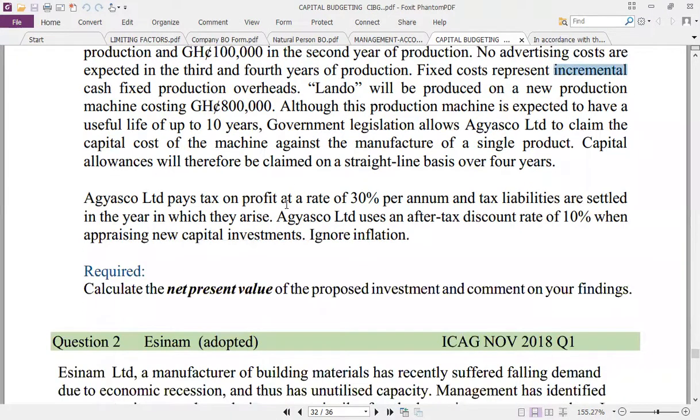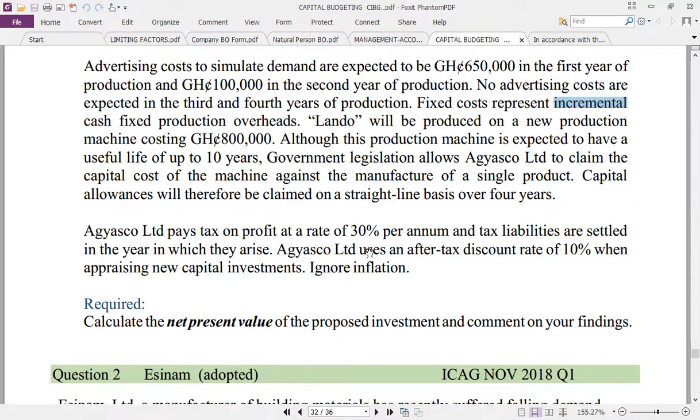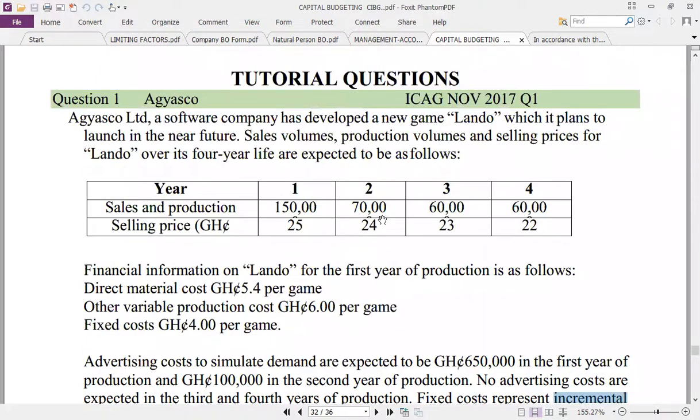Ajasco Limited pays tax on profit at a rate of 30% per annum, and tax liabilities are settled in the year in which they arise. Ajasco Limited uses a discount rate of 8% when appraising new capital investments. Ignore inflation. Very lengthy, so where do we start from?